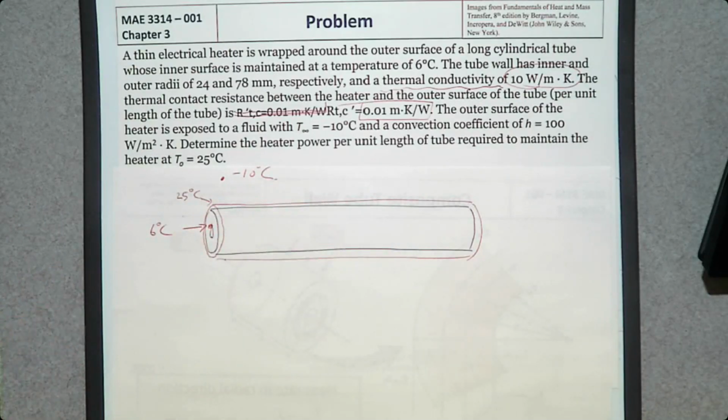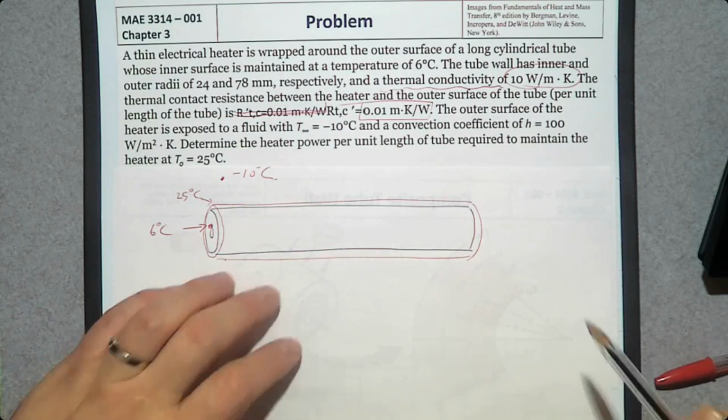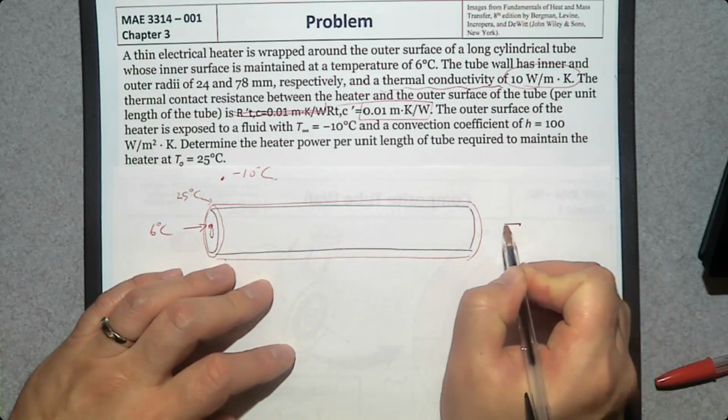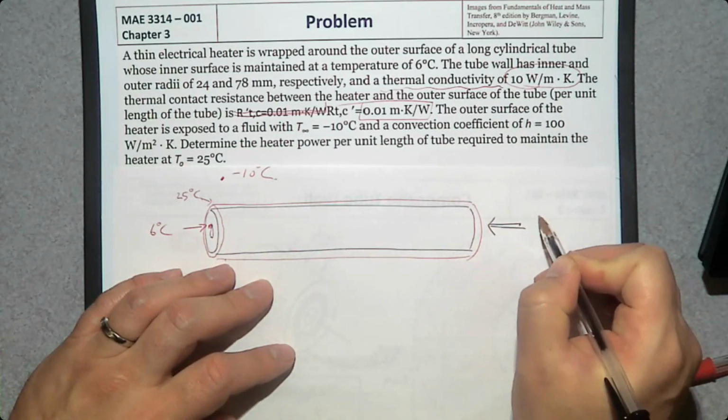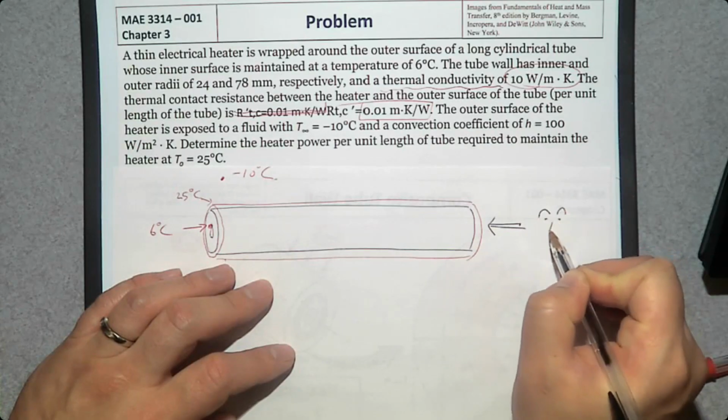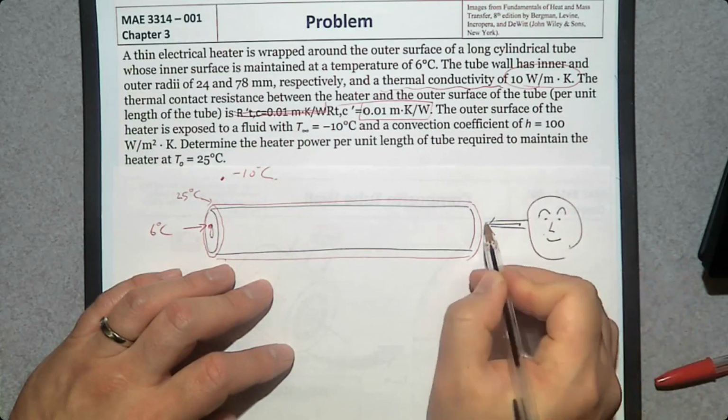So we have a temperature difference between inner surface and outer fluid. So the heat transfer direction is the radial direction. Then if you want to study heat transfer in the radial direction, what do you want to see? You want to look at it in this way, right?